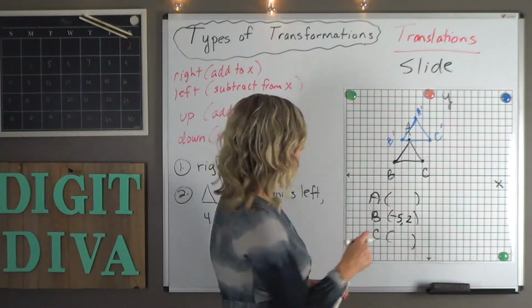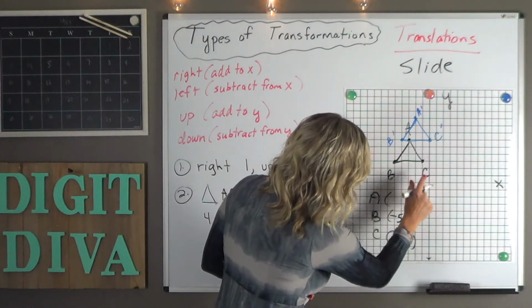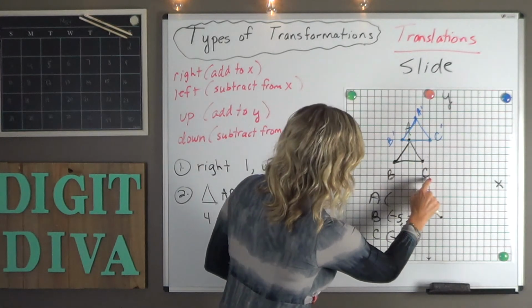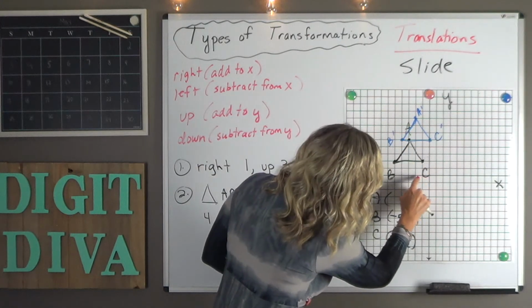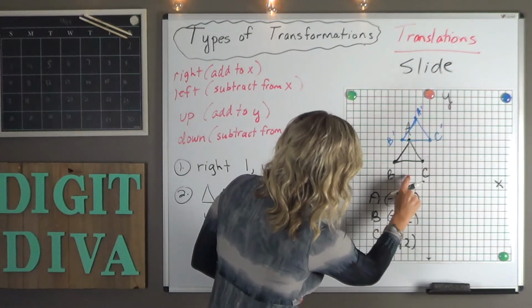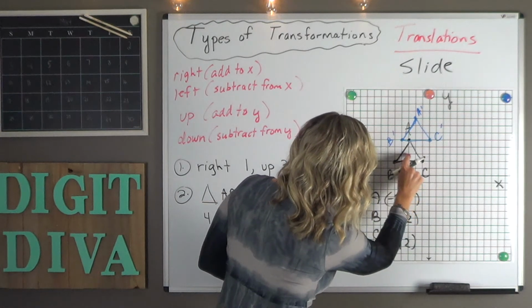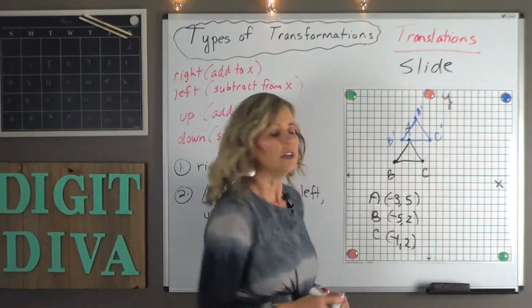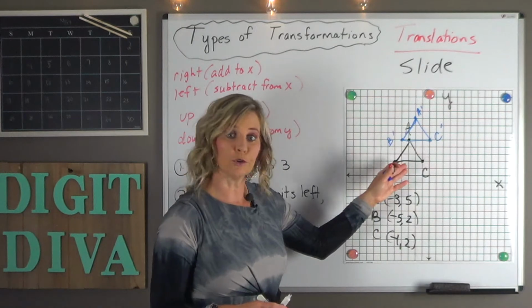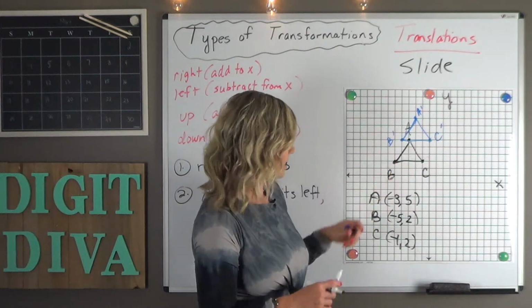C would be at -1, 2, and A would have been at -3 on the x-axis, and then 1, 2, 3, 4, 5. Okay, so those are our original coordinates for our pre-image, A, B, C.